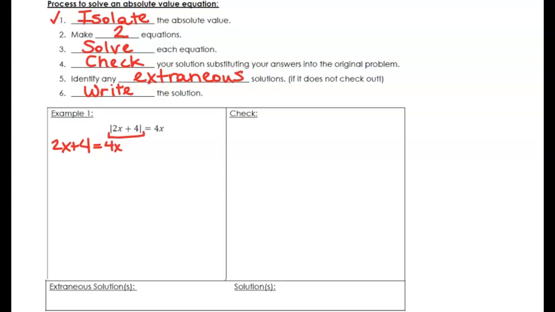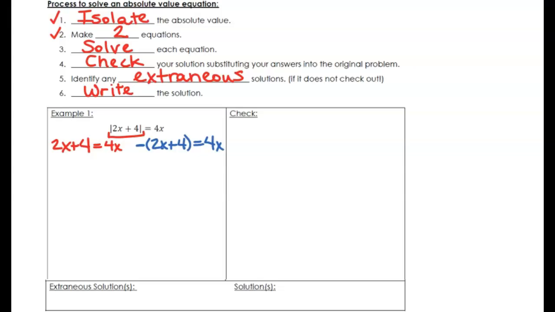But then we're also going to have the possible solution where 2x plus 4 equals 4x, but with a negative. Because remember that you can have a positive or a negative inside of the absolute value symbols, and the answer will end up being positive. So we need to consider both options whenever we're solving to find the value of x. So step 2, make 2 equations, done.